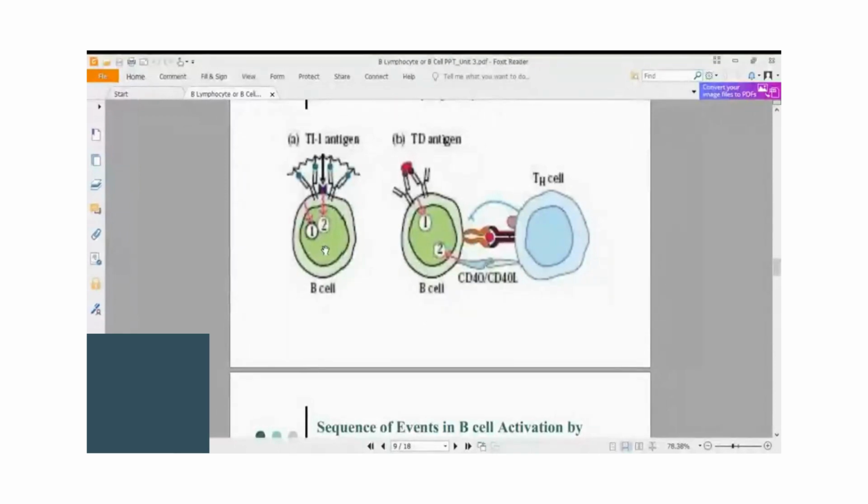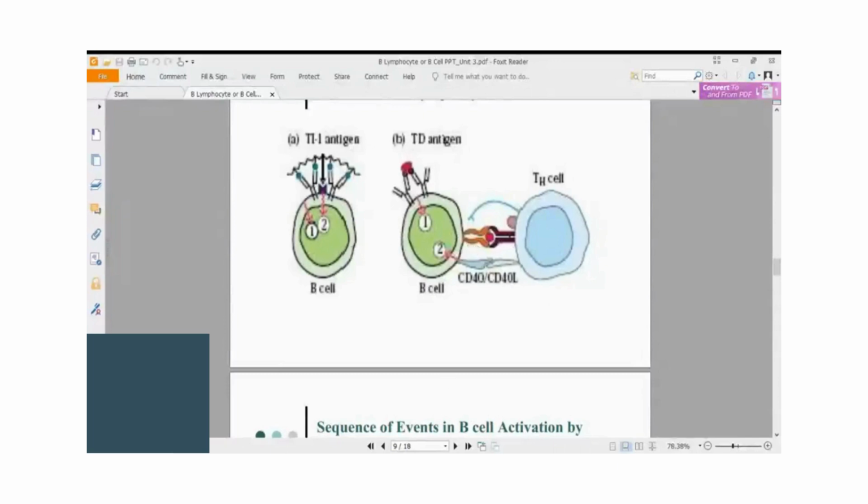Please remember, the TI antigen, being foreign, succeeds in activating B lymphocytes and making them differentiate to produce antibody, but the antibody produced will be of only one class, IgM. And these B lymphocytes will not give long-term immune memory because they have not come in contact with the Th cells. They did not establish a synapse with the Th cells.